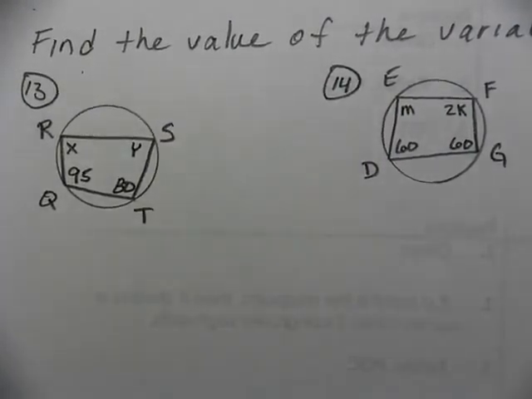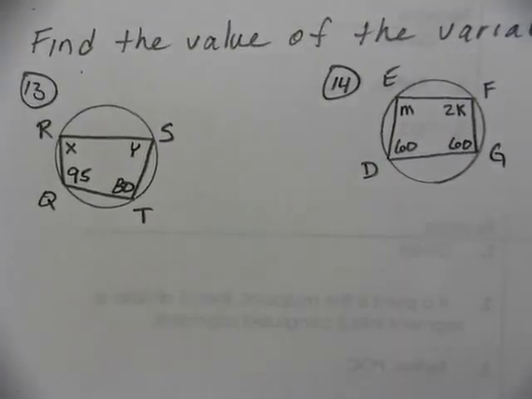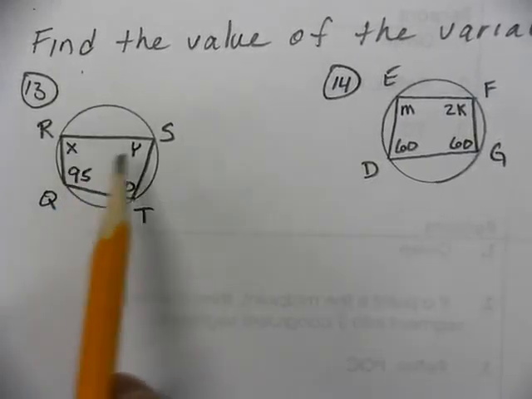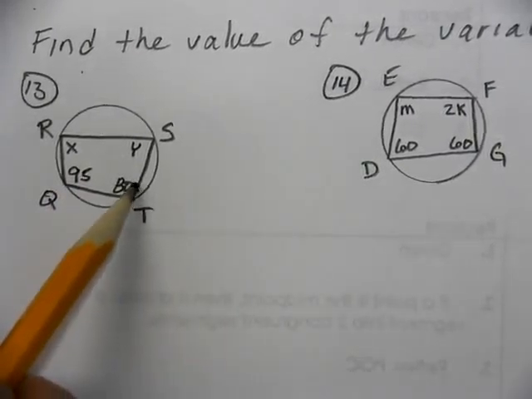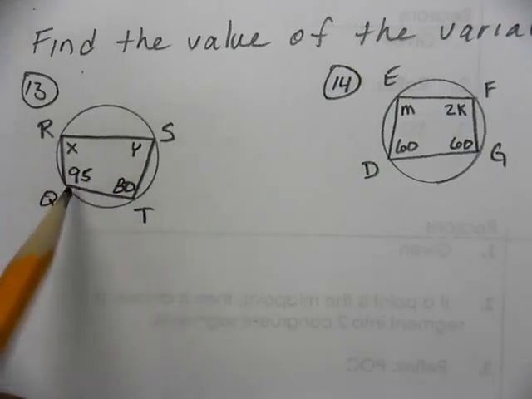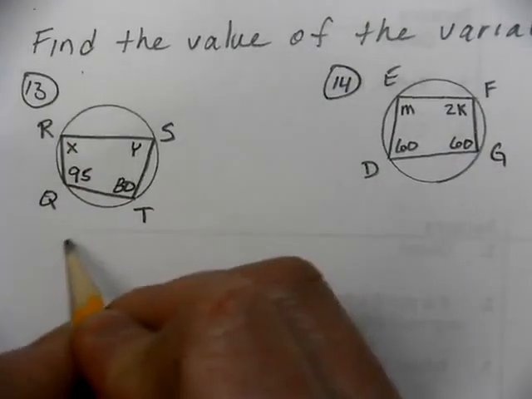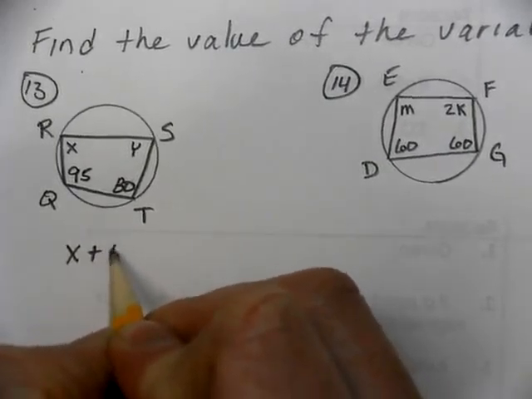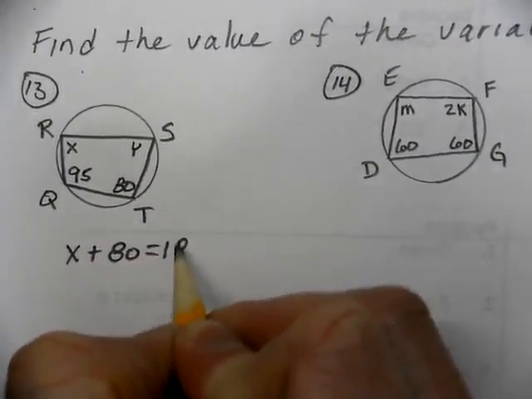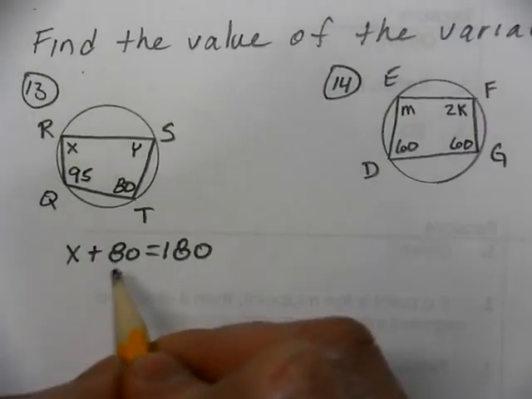For numbers 13 through 15, we'll find the value of the variables. So, if we look here, like we've talked about before, if this is a quadrilateral inscribed in a circle, then opposite angles are supplementary. X plus 80 has to add up to 180.